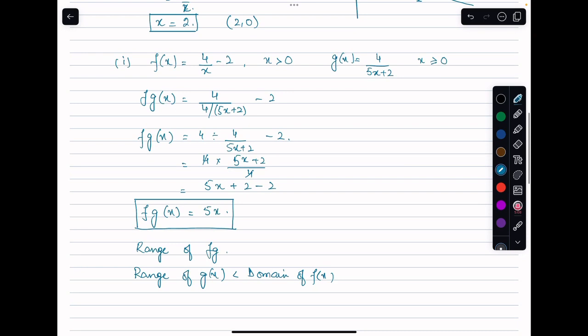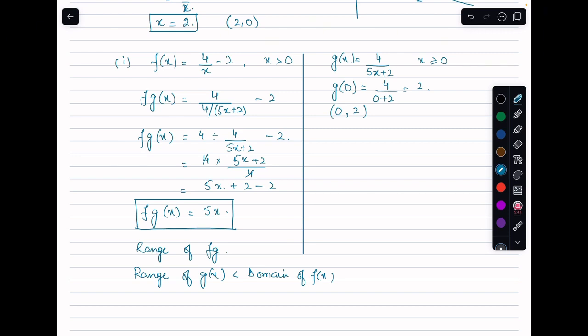So for that purpose, I have the function g of x equals 4 over 5x plus 2, and they have given us the domain which says x should be greater than or equal to 0. If I substitute x as 0 in the equation, I get 4 divided by 0 plus 2, which is 2 here, meaning with x as 0, my y-intercept becomes 2.